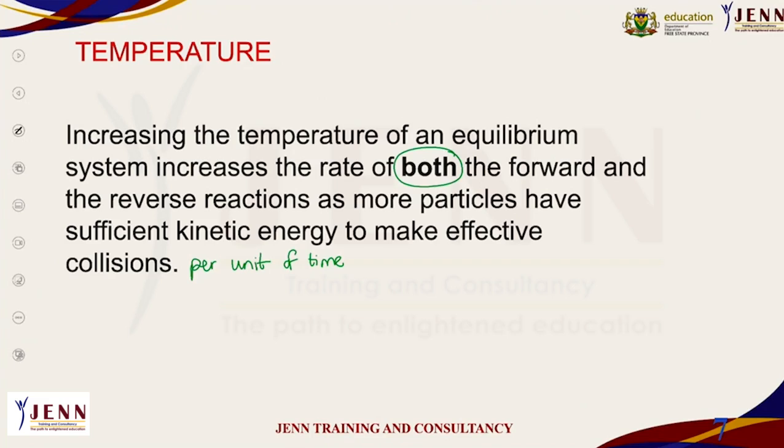So like I said previously, temperature is a change of the system. You can't just change the temperature of just one of the gases or one of the aqueous substances in your system. You change the whole system, the temperature. So just make sure both forward and reverse reactions. So when you get to the explanations, you will see we're going to add that as well.